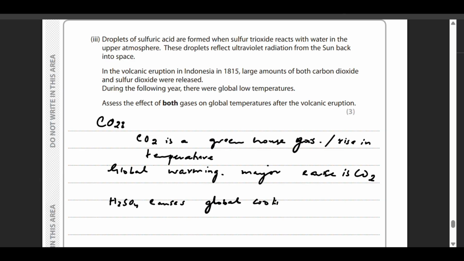So the sulfuric acid which is forming causes global cooling basically, because it reflects back the ultraviolet radiation of the sun. So it causes a drop in temperature.